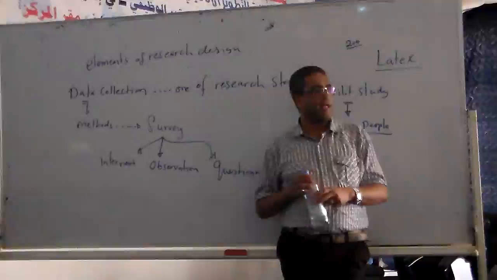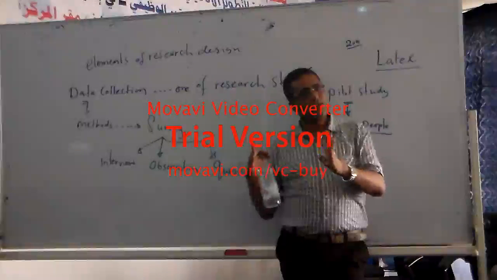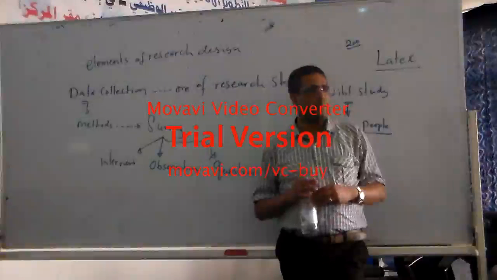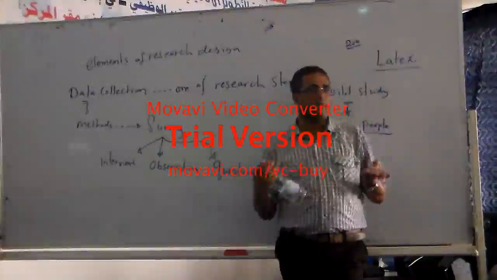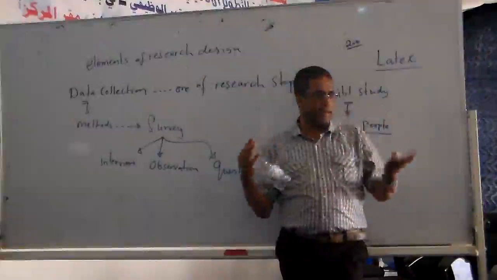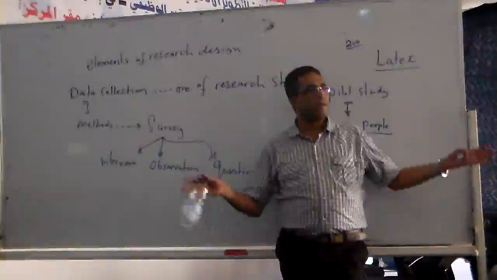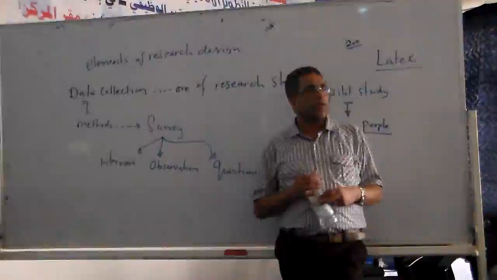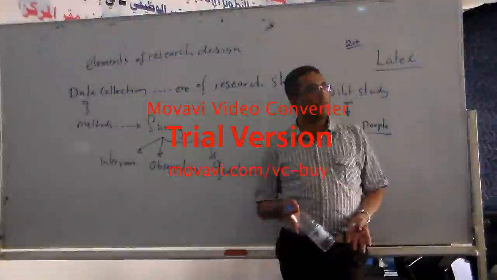So in your thesis, you will have one chapter for the methodology and one chapter for research design. For research design, you will explain how you build your questionnaire, how you collect the data, what samples you use to collect the data, and what kind of data will be collected.